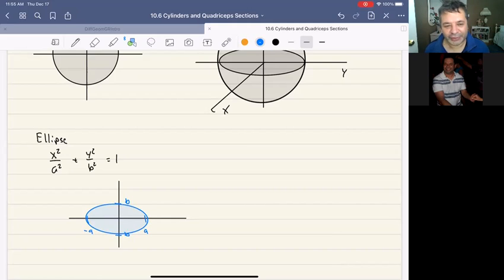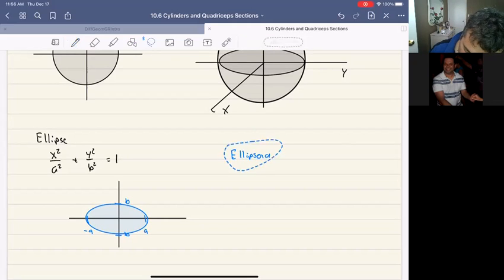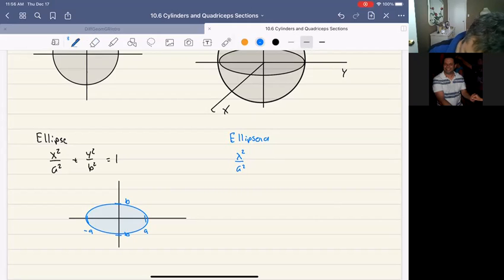That's about as good as you'll get. And then you also have an ellipsoid. Okay, x squared over a squared plus y squared over b squared plus z squared over c squared equals 1.